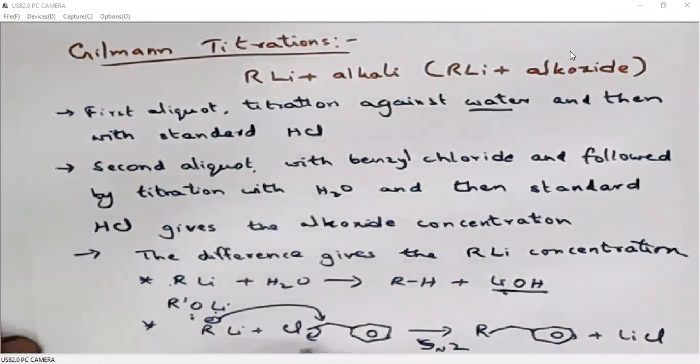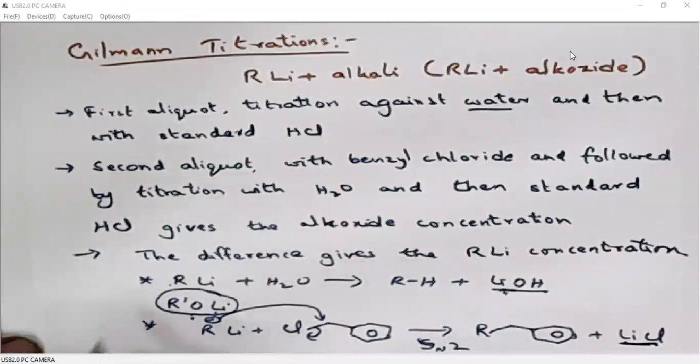When we titrate this mixture with the water, probably there will be no change because it is a salt. We generate equal amounts of base as well as acid. So water titration will not give any differences. Then when we titrate it with HCl, we will get the concentration of alkoxide ion, right?